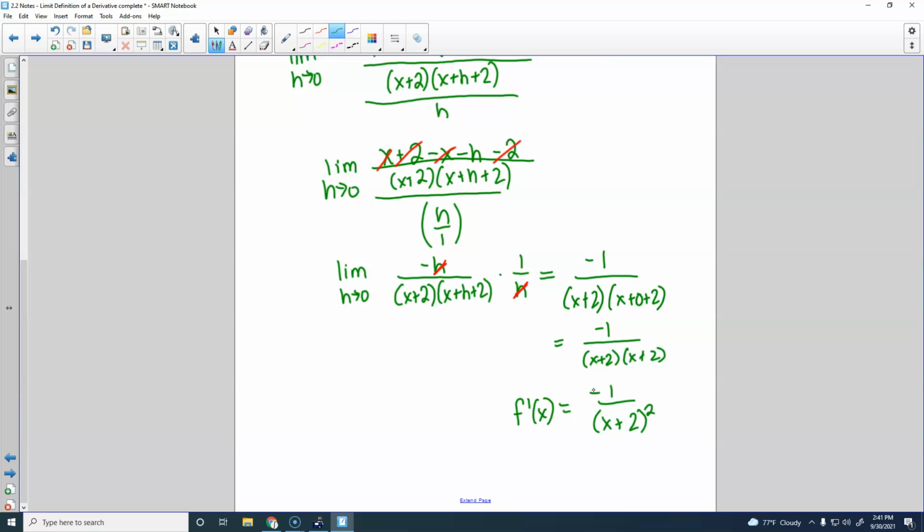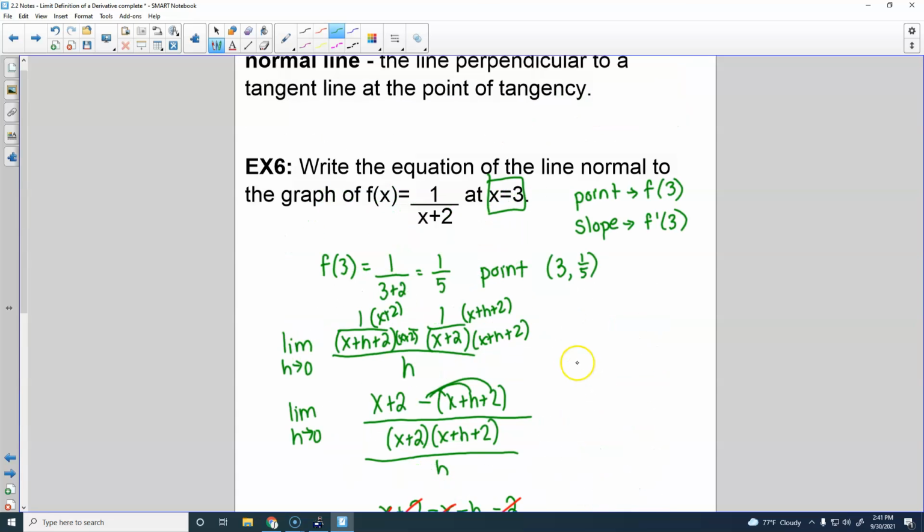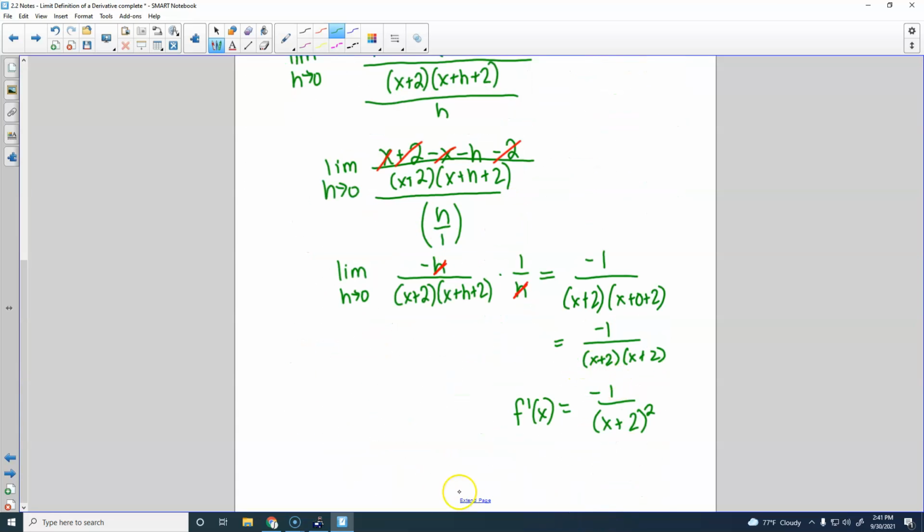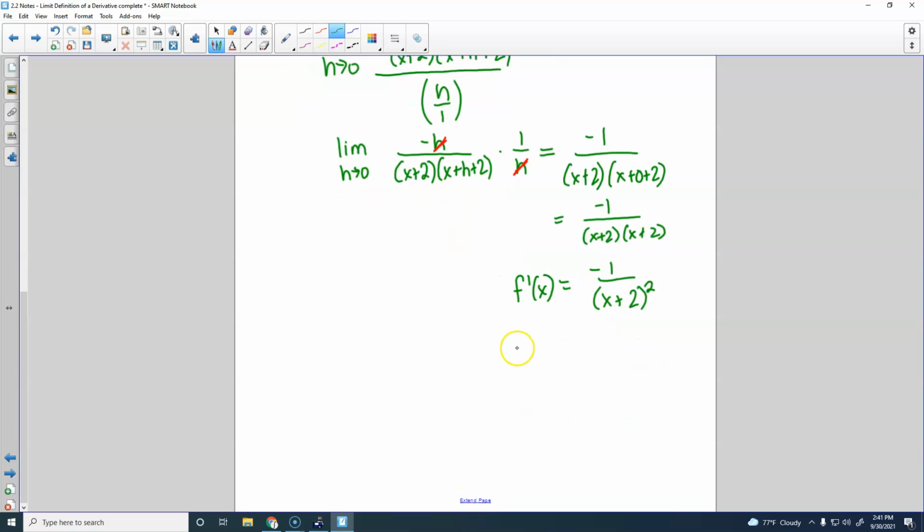And then, was it even 3 we were looking at? I've already forgotten. 3, yes. So we plug in the 3 to get f prime of 3. Negative 1 over (3 plus 2) squared is negative 1 over 5 squared, so negative 1 over 25.